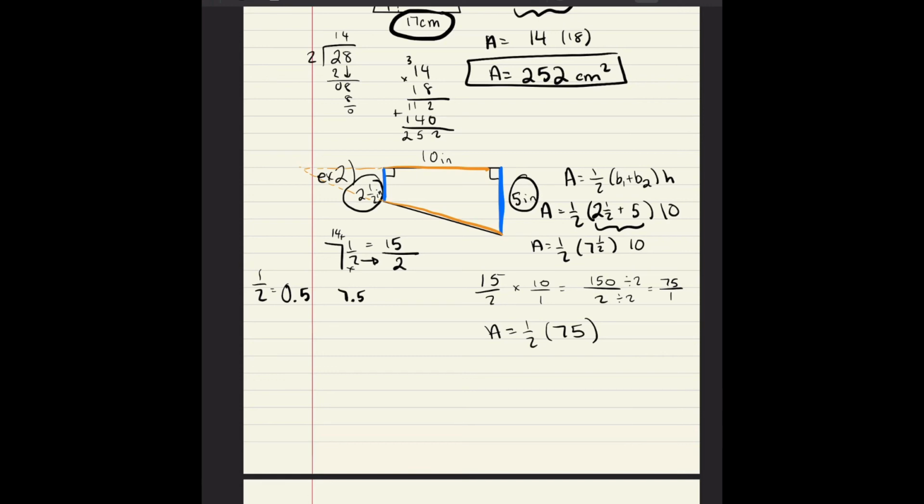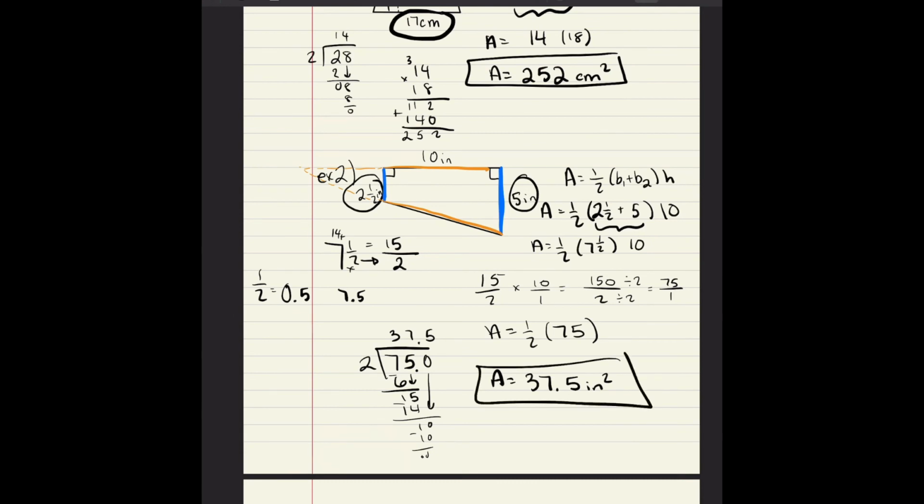So remember, multiplying by 1/2 is the same as dividing by 2. So I have 75 divided by 2. So the area equals 37.5. Not just 37.5, 37.5 inches squared.